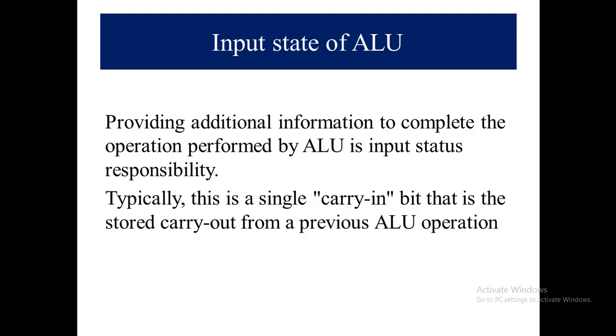The total length of the opcode defines how many operations we can perform. For example, a 4-bit opcode determines that we can perform 16 different operations on the input values A and B.